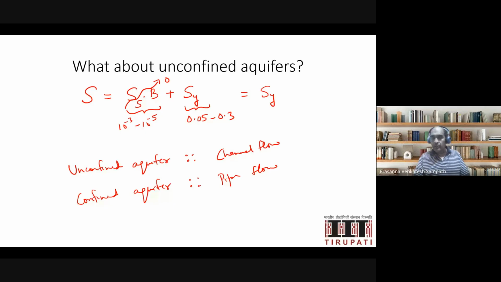Whereas in a channel, in an open channel, when I say channel, I mean open channel, if there is a small leak in one portion of the channel, it doesn't impact the rest of the channel. So the same thing with unconfined aquifers. You pump at one place, the impact is localized. In a confined aquifer, you pump at one place, the impact is felt throughout the aquifer. Anyway, so that's the kind of analogy that you can use to understand the differences between a confined and an unconfined aquifer.